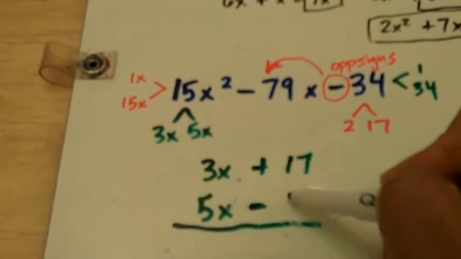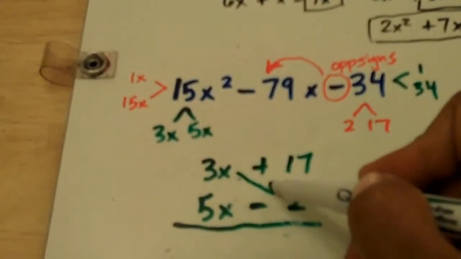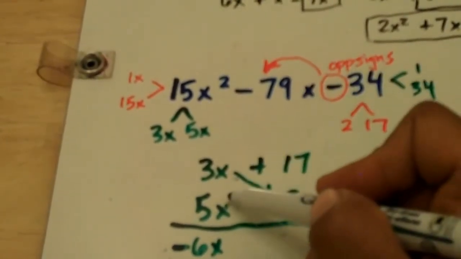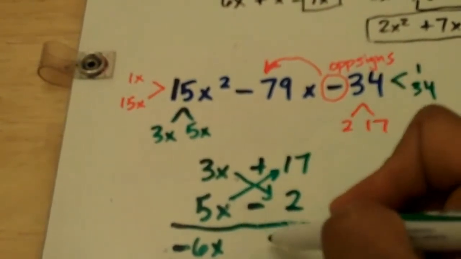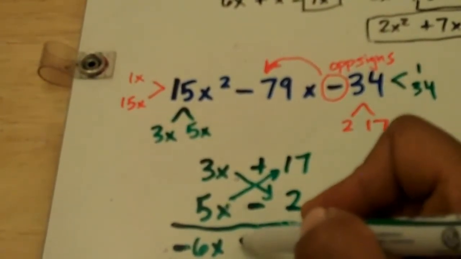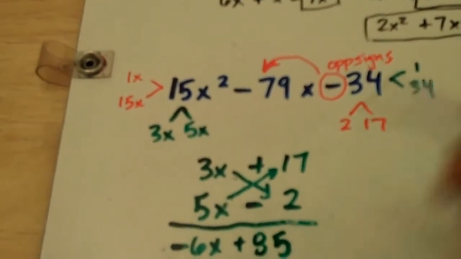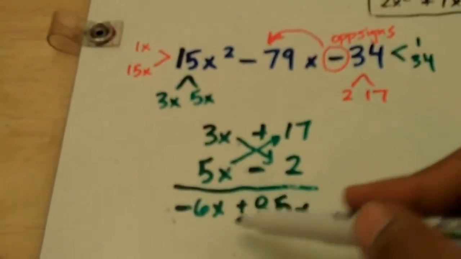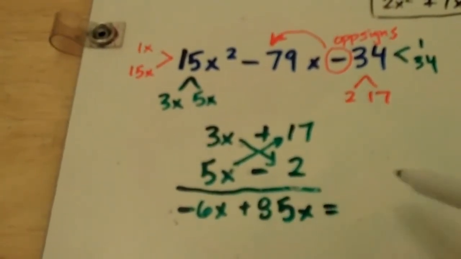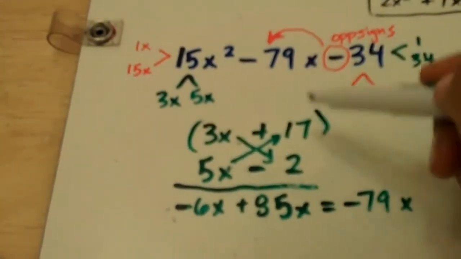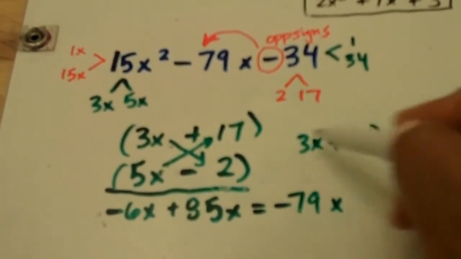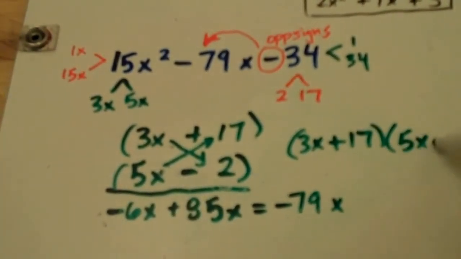So let's try 17 here and 2 here. 3x times negative 2 will give us a negative 6x. And 5x times 17 will give us positive 85x. And I think we have it. Positive 85x minus 6x is equal to negative 79x. Hmm, so we have our factors. Our solution is 3x plus 17 and 5x minus 2.